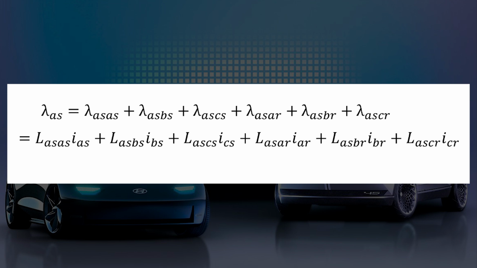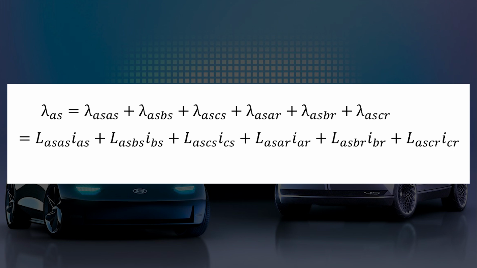Here, lambda AS,AS represents the flux produced by the current IAS flowing in the AS winding, and lambda AS,BS denotes the flux produced by the current IBS flowing in the BS winding.